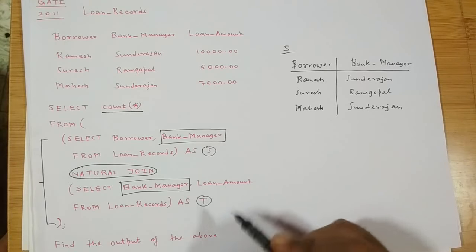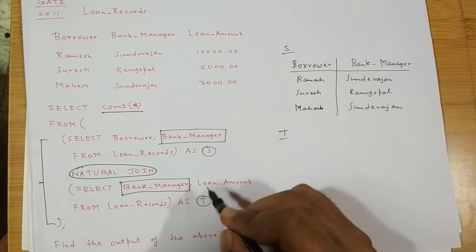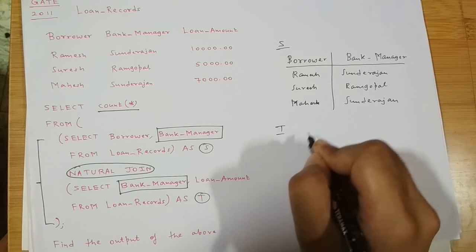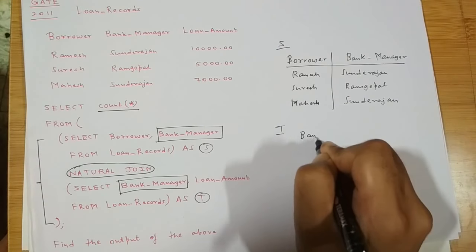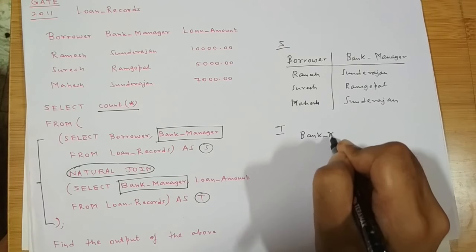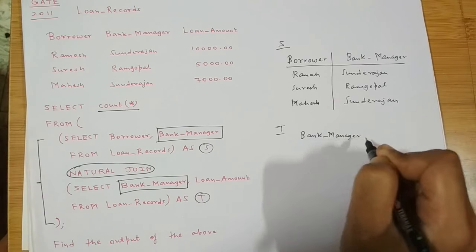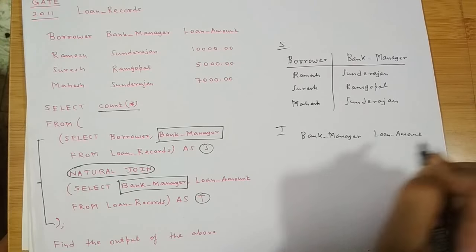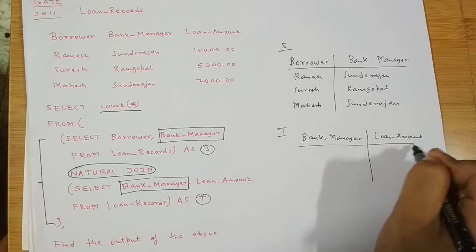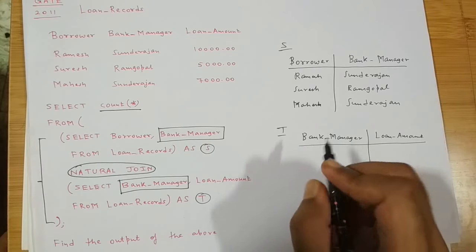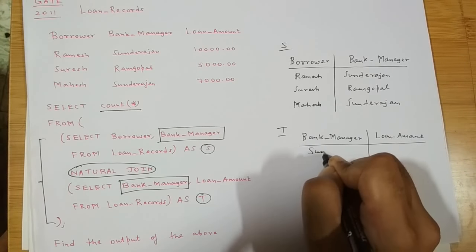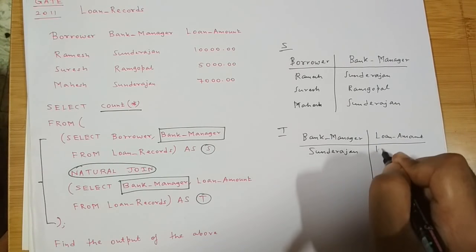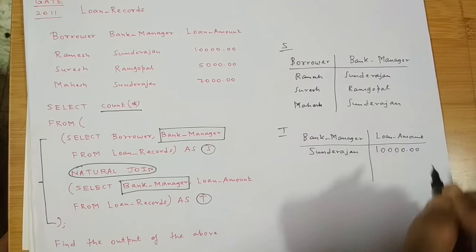Now what about table T? Table T wants the bank manager and loan amount. So we'll simply list out the values for these two attributes. For bank manager we get Sundarajan, and the loan amount is 10,000.00.